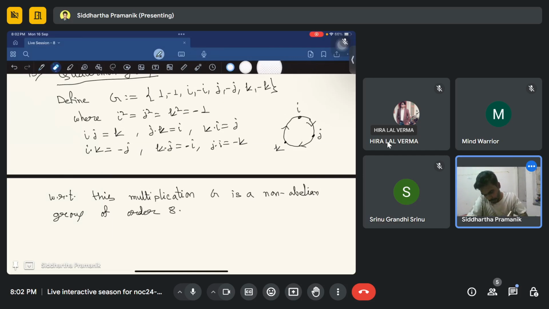What is i square, j square, k square? It is -1. So that means i to the power 4, j to the power 4, k to the power 4 is 1.